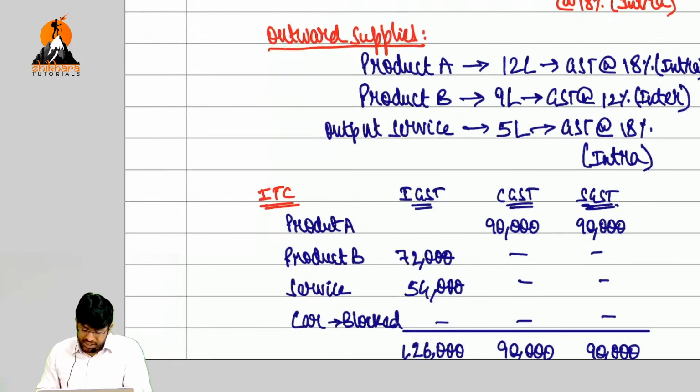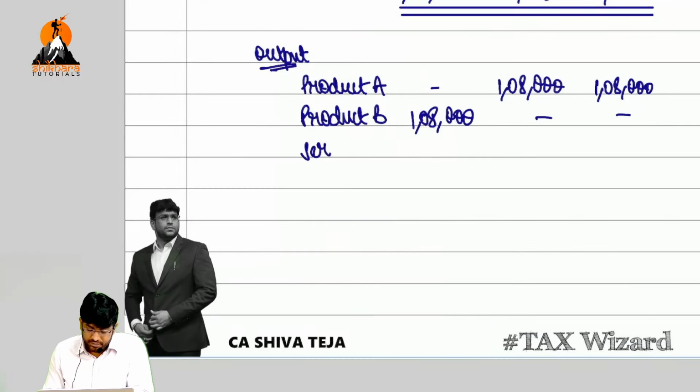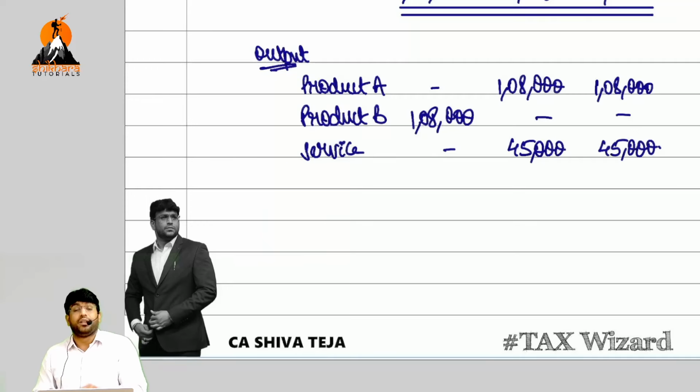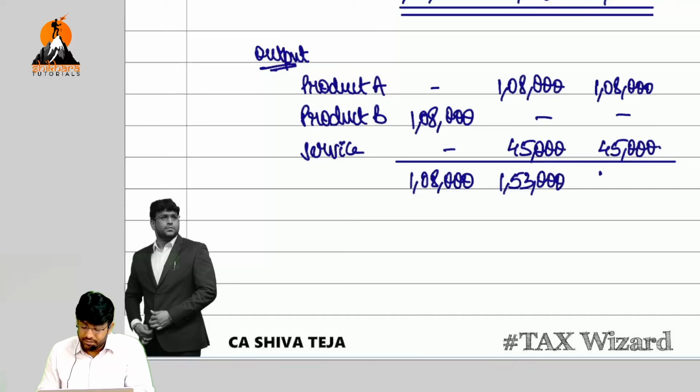Oh, 9, 12% I gave. Okay, got it. Then service. 45,000 and 45,000. Then total 1,08,000, 1,53,000. Again, we'll get 1,53,000.